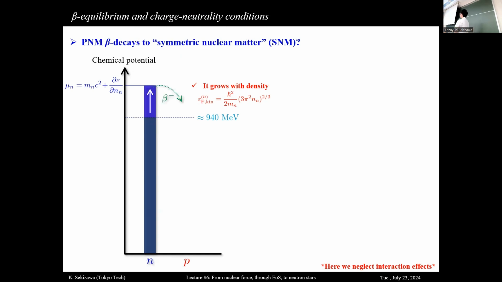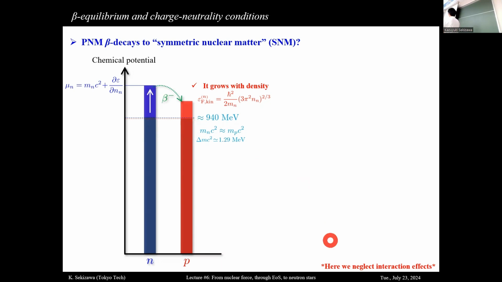In this case, we have beta minus decay, and this is the rest mass energy, which is very close to the neutron's, and we have this kinetic energy of protons. But in this case, it is problematic because of the Coulomb interaction.